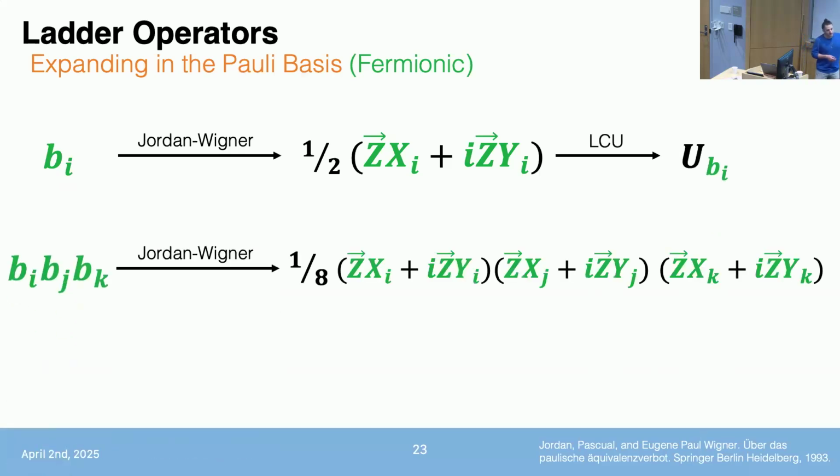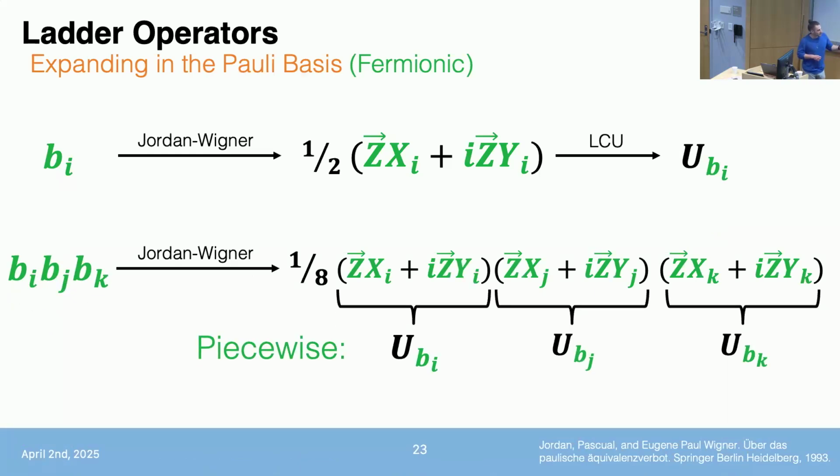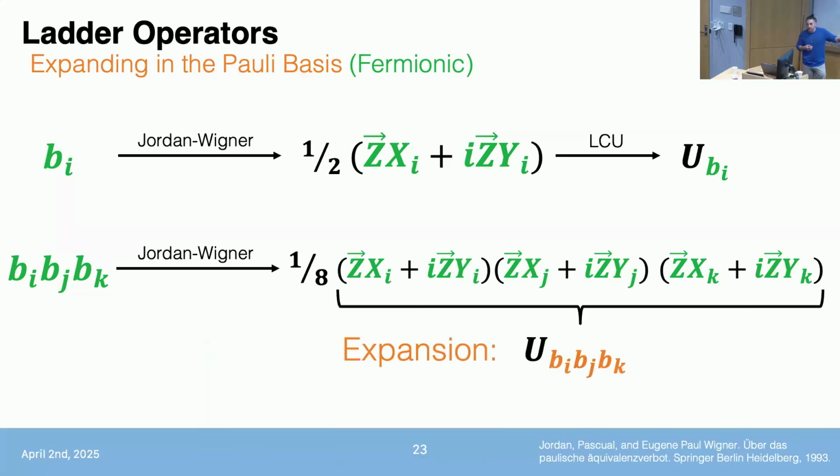Now, if I have a product of ladder operators, I get this kind of nasty thing on the right here. And now I have a choice. I can either block encode each of these fermionic ladder operators individually and then use the techniques I talked about to construct a block encoding of the product of these, or I could fully expand these products out and then block encode that linear combination.